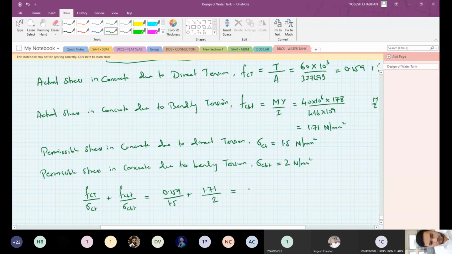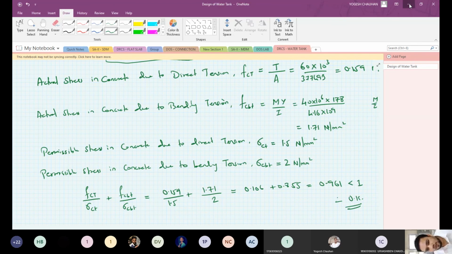So this ratio is 0.106 plus 0.855, which is equal to 0.961. So this is less than 1. Therefore, your design is okay. So this is how you can design the members subjected to combined bending and tension.